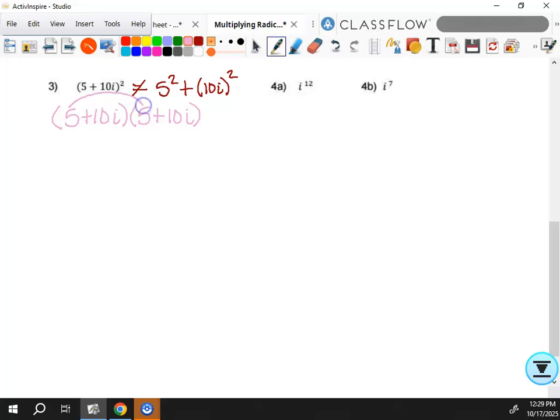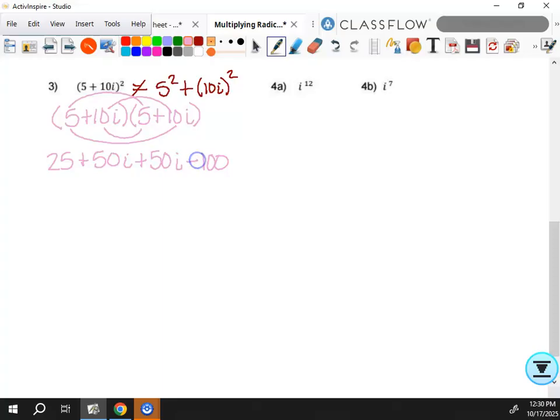First 2 together, 5 times 5 is 25. Outside 2 together, 50i. Inside 2 together, 50i. Last 2 together, 10 times 10 is 100. But i squared is what? Negative 1.